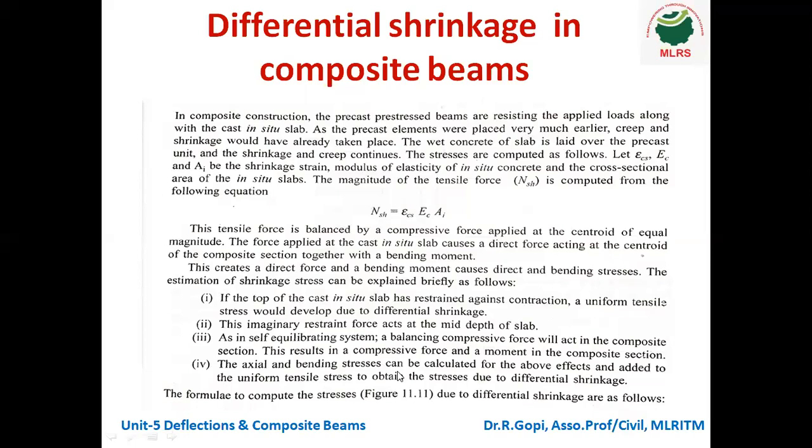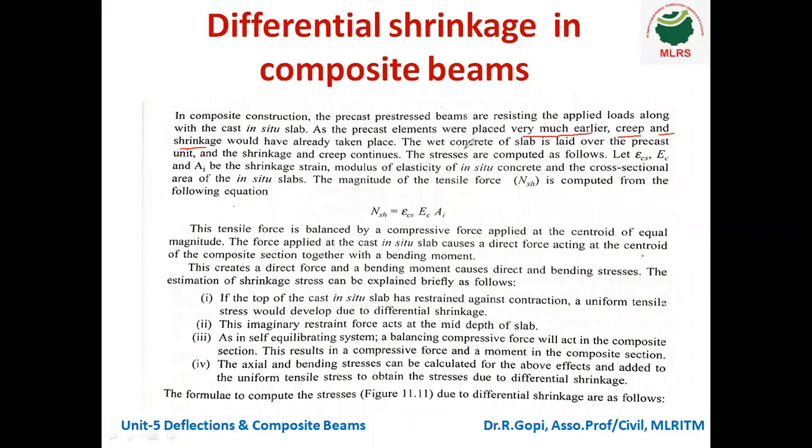In composite construction, the precast pre-stressed beams resist the applied loads along with the cast in situ slab. As the precast elements were placed much earlier, creep and shrinkage would have already taken place. The wet concrete of the slab, which is fresh concrete, is laid over the precast unit.